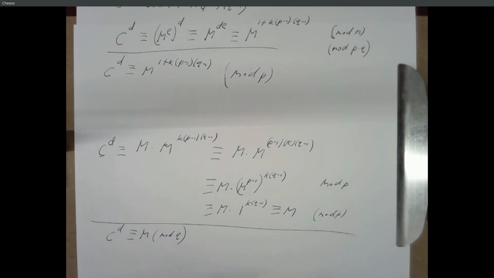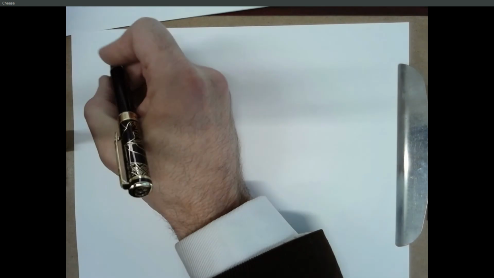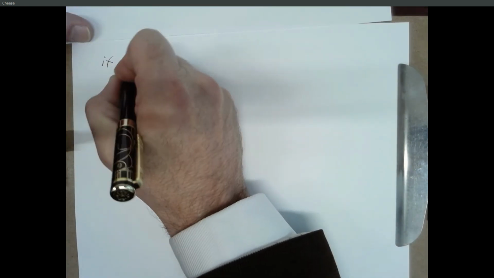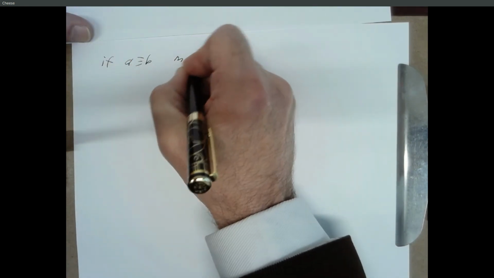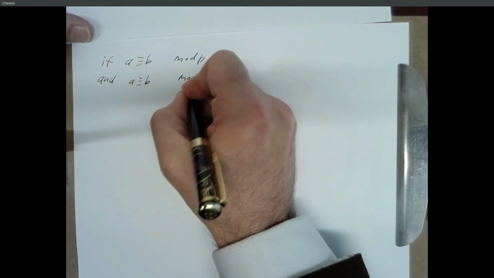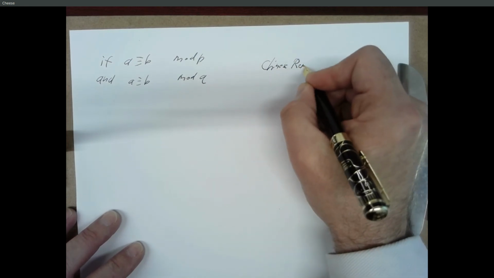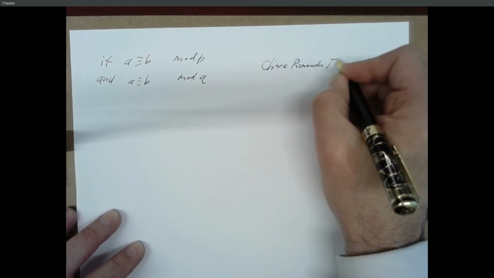But the other fact we can use, we've got to be careful with this. If A is congruent to B mod P, and A is congruent to B mod Q, there's something called the Chinese remainder theorem, which we haven't talked about.